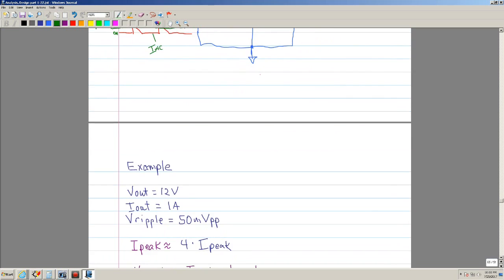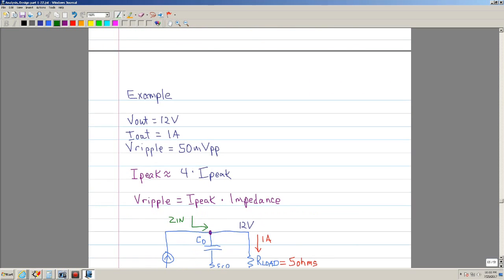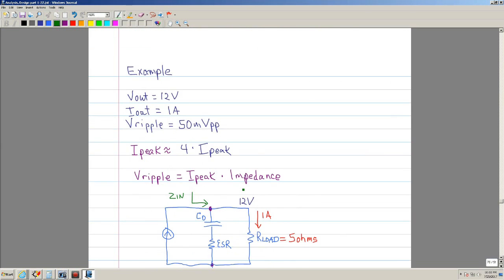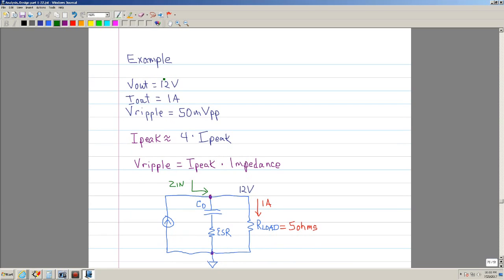So let's look at an example. Like I said, we're going to use 12 volts. I out is 1 amp, and we want to design or select the capacitors where we get 50 millivolts or less.